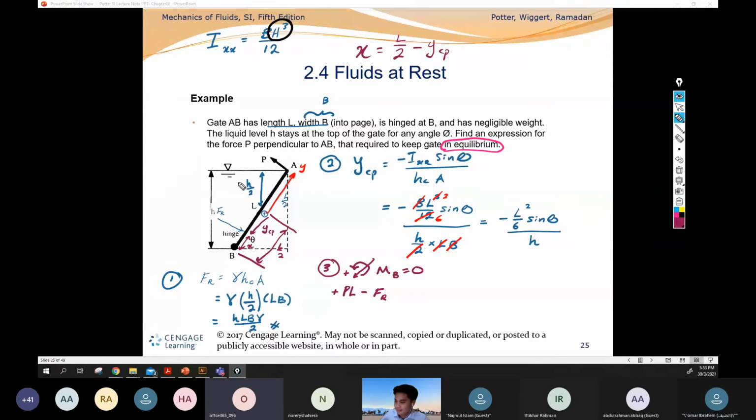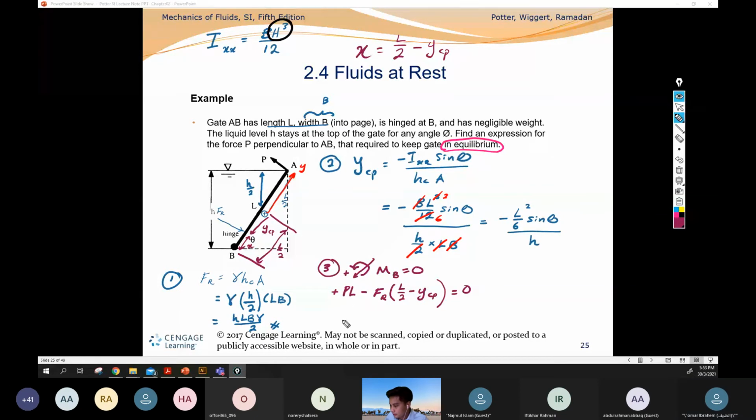Yes, doctor. Alright, so just substitute L over 2, which is half of this length, minus the one that we don't require, which is minus YCP, equal to 0.